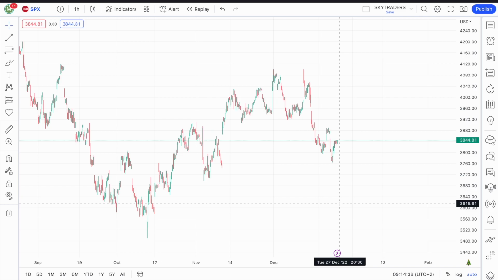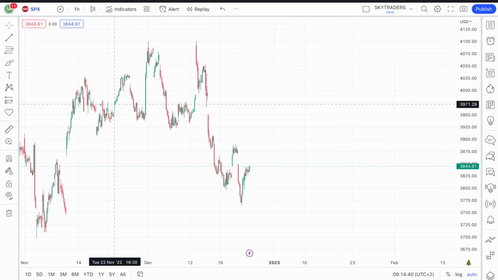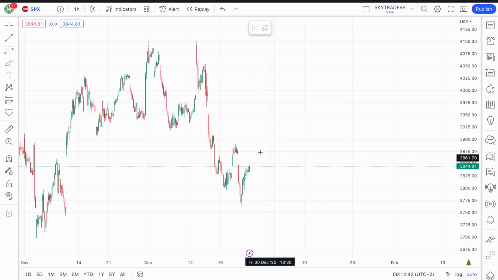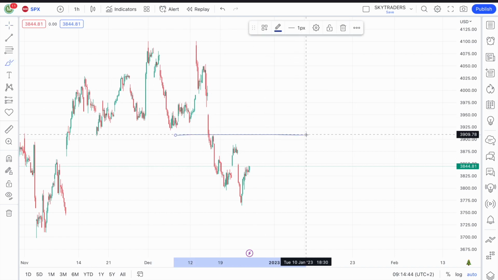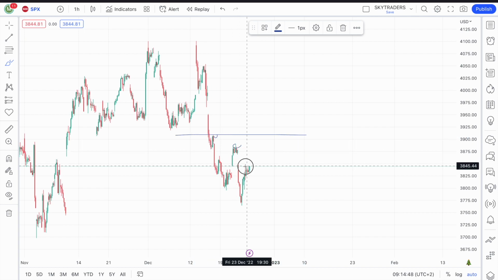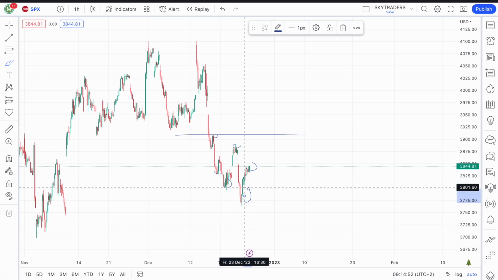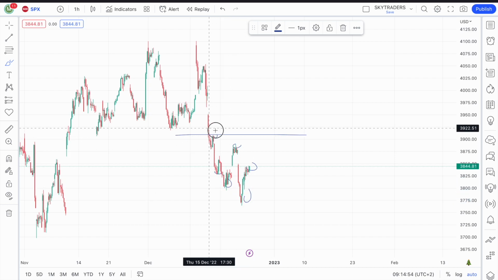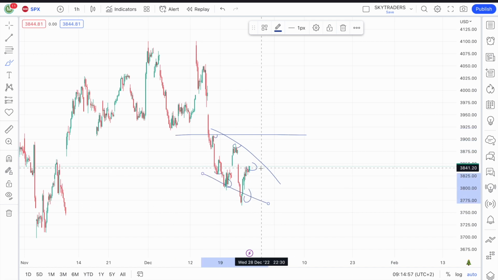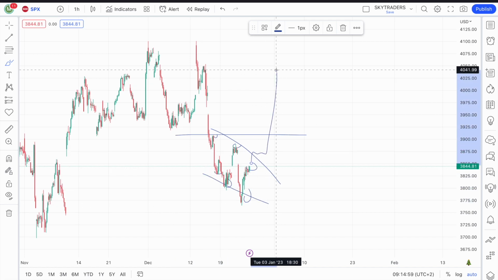So now on the short term, we created a lower high, a lower low, and a lower low. Some retail traders think that, oh, this is a wedge trading pattern, and then we can experience a further move to the upside. Could be, but this is not the only case to trade on the hourly chart.